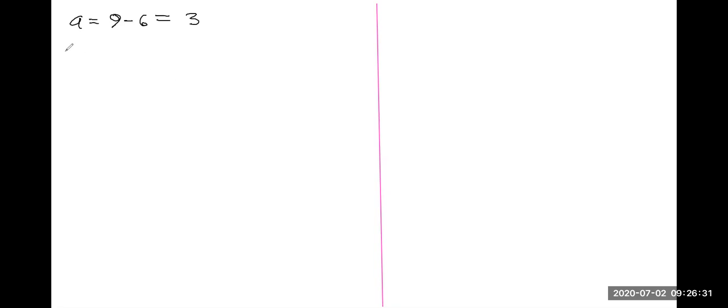We can now smile and come back to our formula, which is S_n equals n over 2 into 2a plus n minus 1 d. So we return to this formula now to use it. So now S_1 to 10, that means n is equal to 10. 10 divided by 2 into 2 times 3, plus 10 minus 1 multiplied by d, which is also 3.